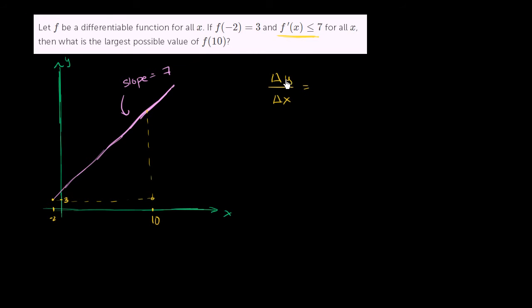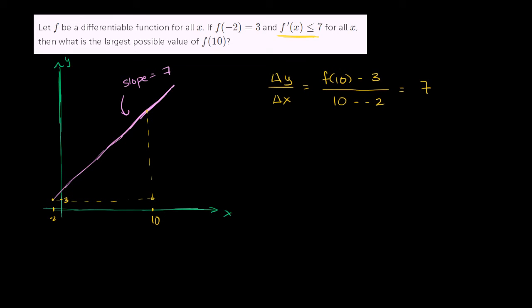Well, our change in y is going to be f of 10 minus f of negative 2. f of negative 2 is 3, so minus 3, over our change in x. Our change in x is 10 minus negative 2, which is going to be equal to 7. This is the way to max out what our value of f of 10 might be.